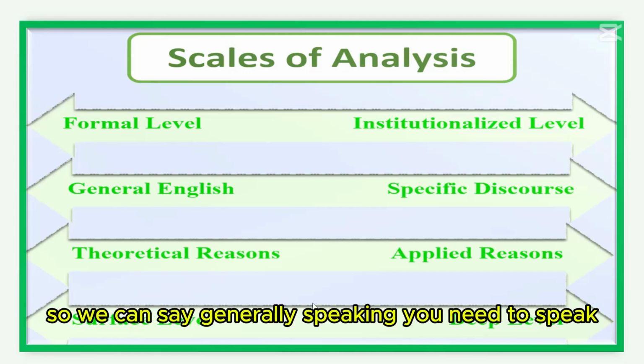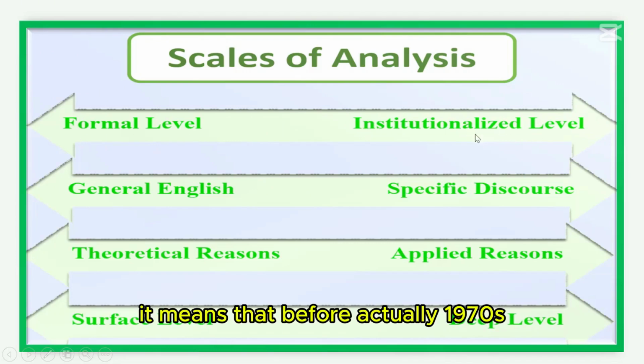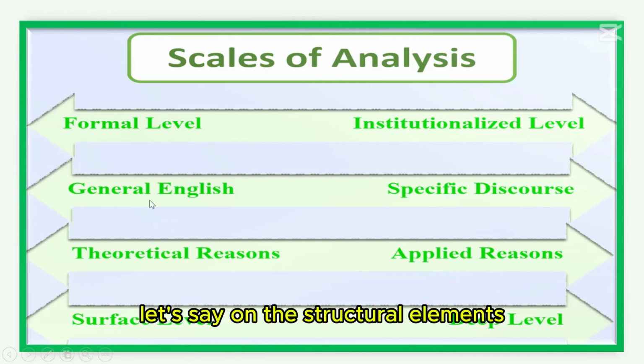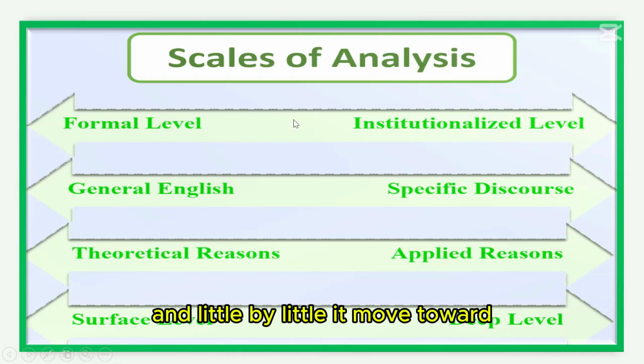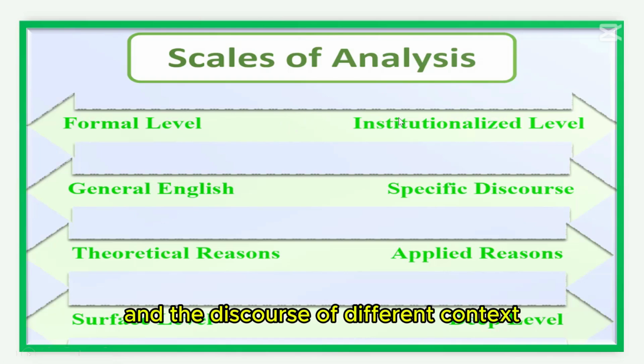So we can say, generally speaking, in ESP, we moved from the formal level of analysis to the institutionalized level. It means that before 1970s, mostly the focus was on the structural elements, and little by little it moved toward the cohesion and coherence and the discourse of different contexts.